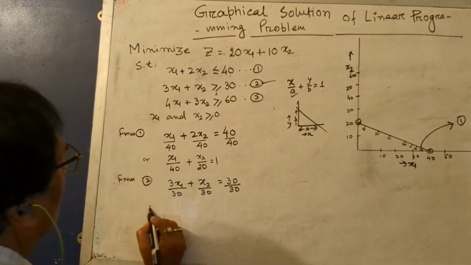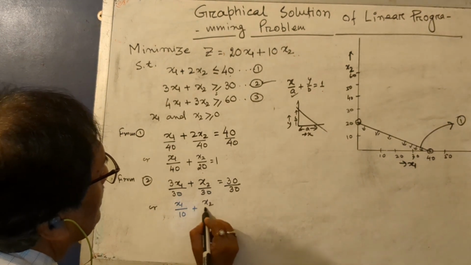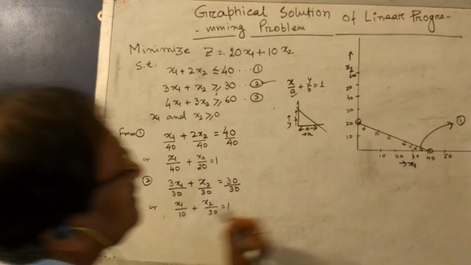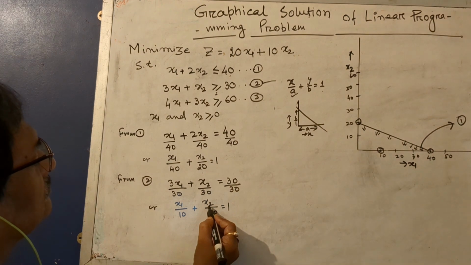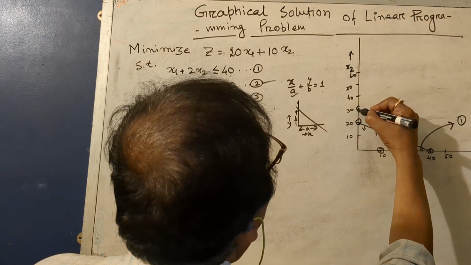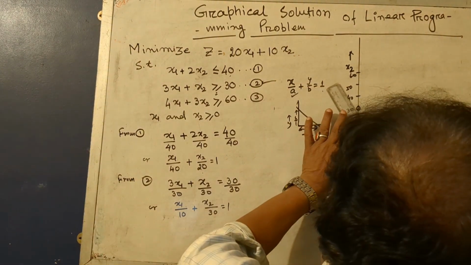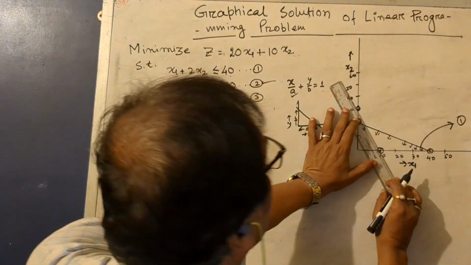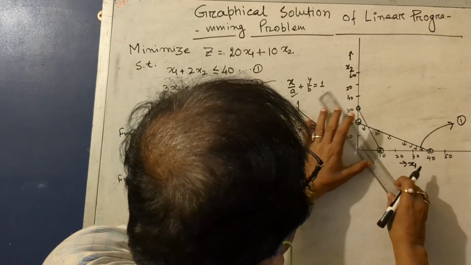In this way, x1 by 10 plus x2 by 30 is equal to 1. That means from the x-axis the point will be this, and for x2 this is 30, this point, and with these 2 points we have to draw a line. Sorry, because the space is very limited. You have to bear with me.